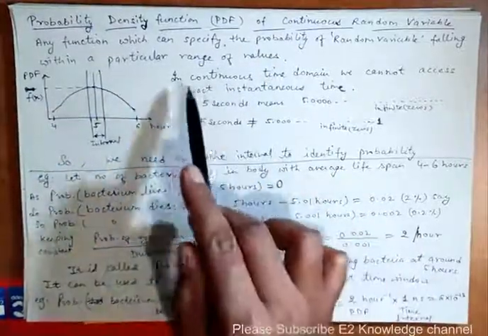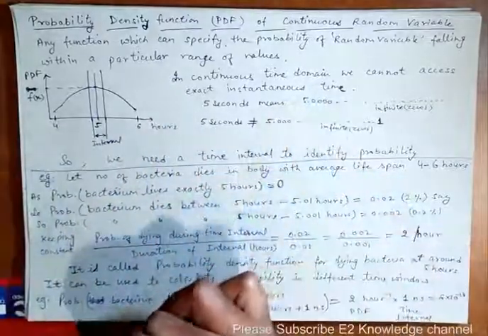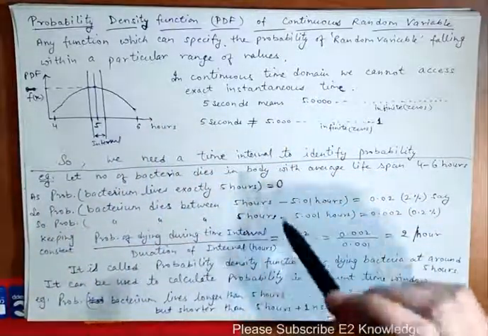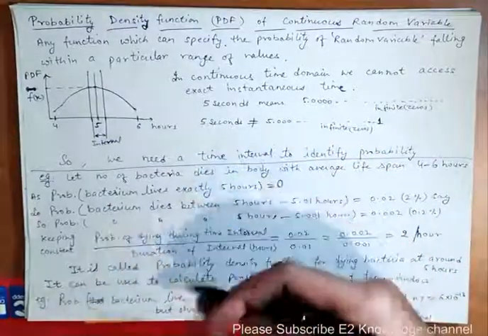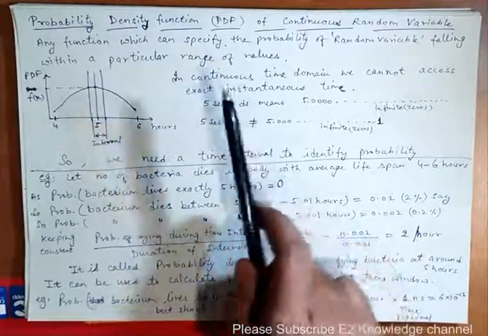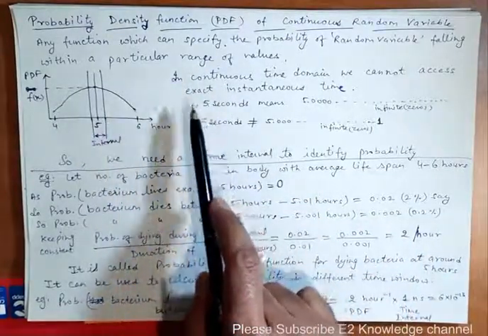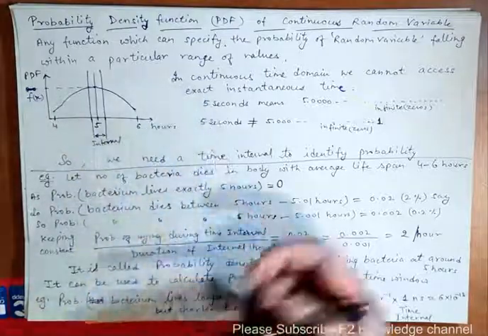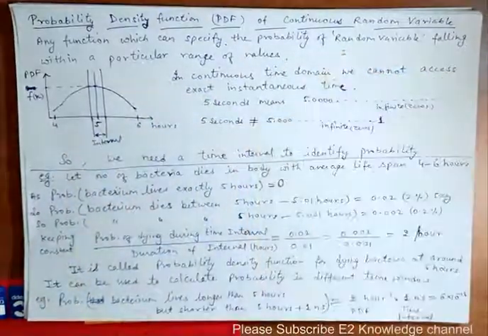Because in the continuous time domain, we cannot access an exact instantaneous time. For example, I'm saying that this is the time 9:30, but while I'm saying it, it is obviously 9:30 plus some nanoseconds. So in a practical scenario, we can't have the exact time or exact measurement. Suppose I tell you that it is 1 mm, but it is not exactly 1 mm.